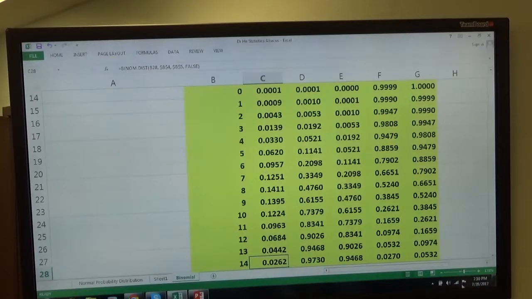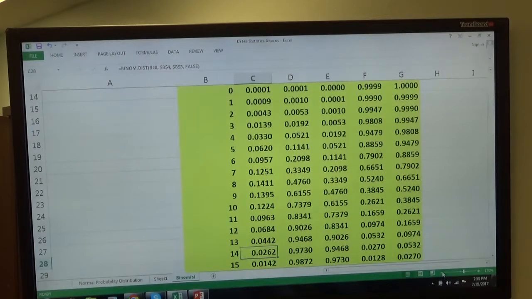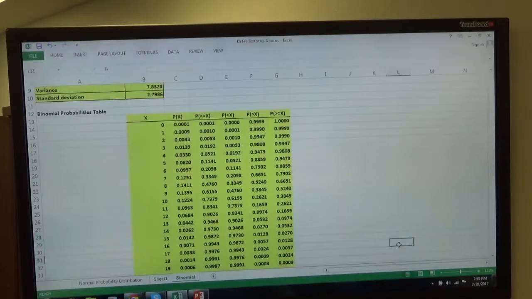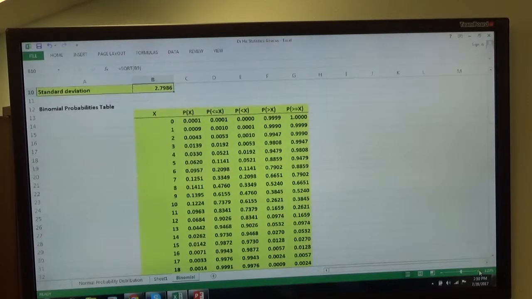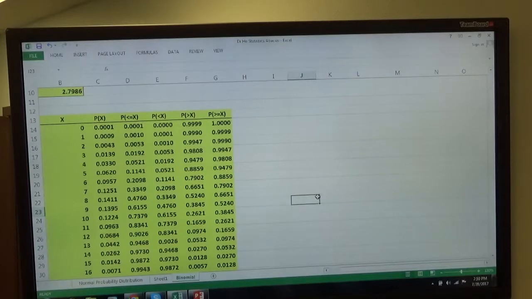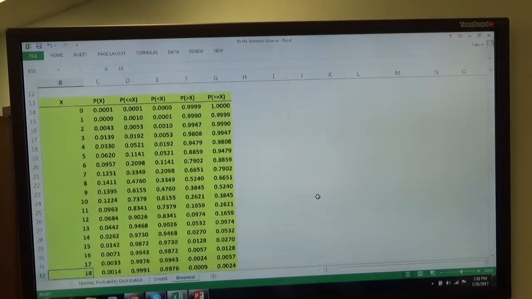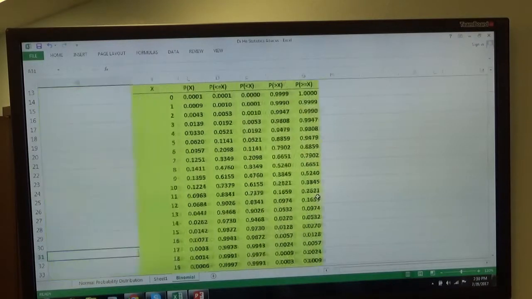Let me make it a little bit smaller. Too small, hold on. Oh, here, okay.